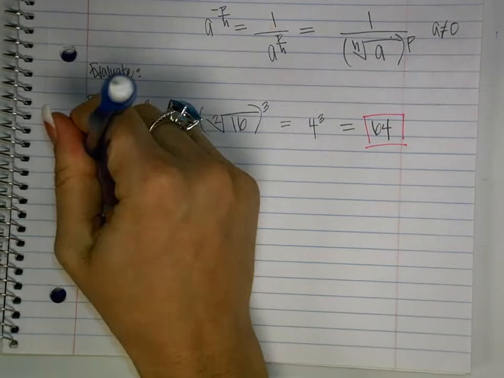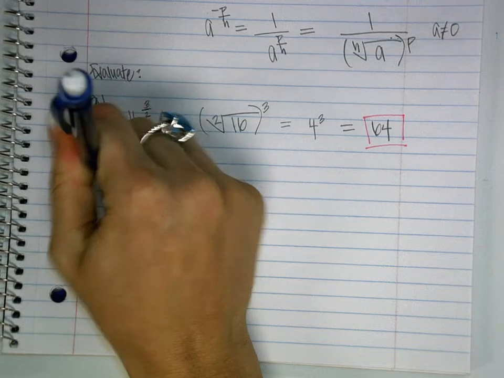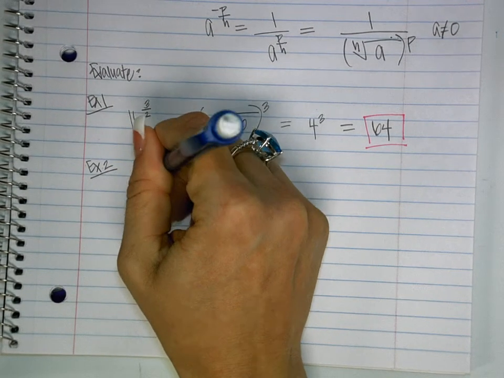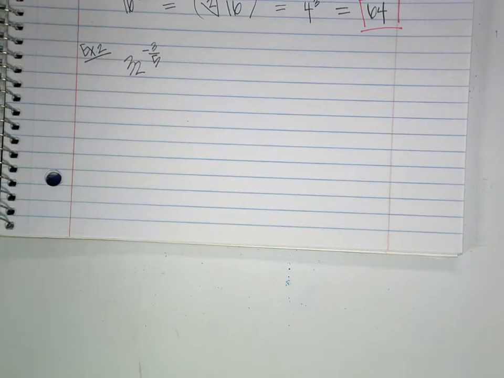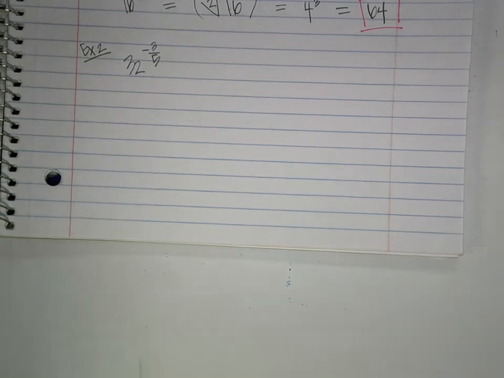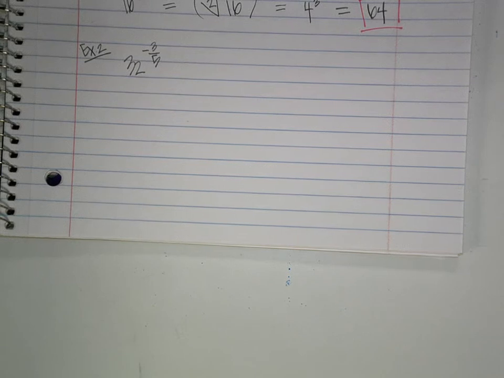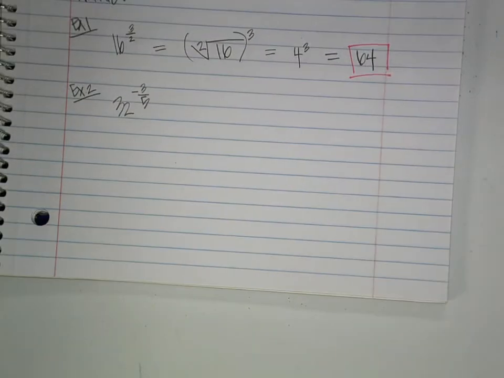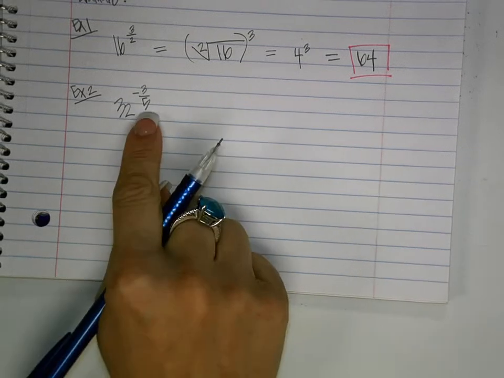Let's try another one. For number 2, evaluate 32 to the negative 3/5 power. Before you can do anything, you have to make this a positive exponent.